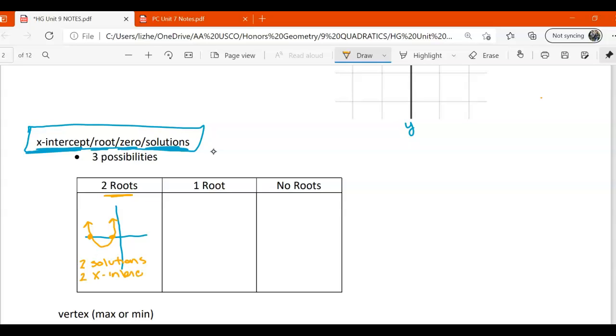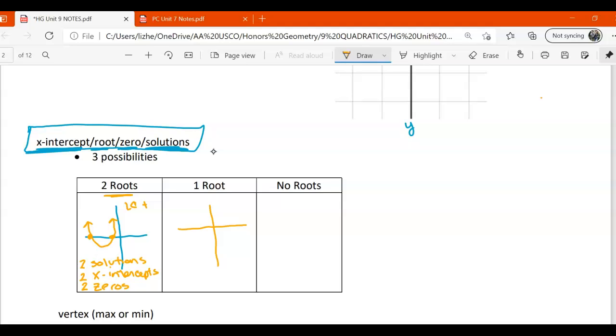It intercepts 2 times. Or the other word is 2 zeros. We also know about this equation that the leading coefficient is positive, right? Because it's opening up.